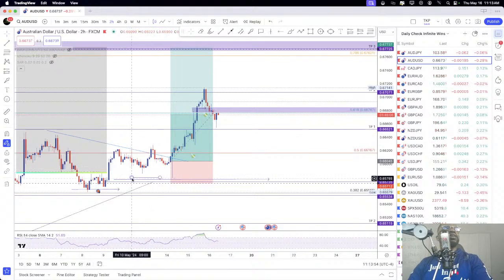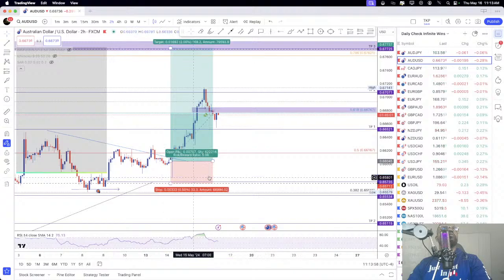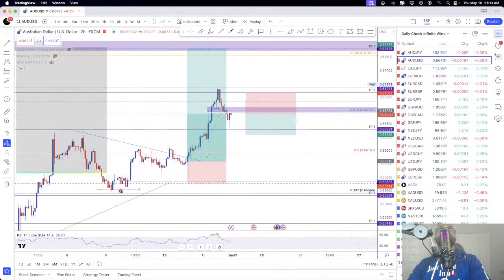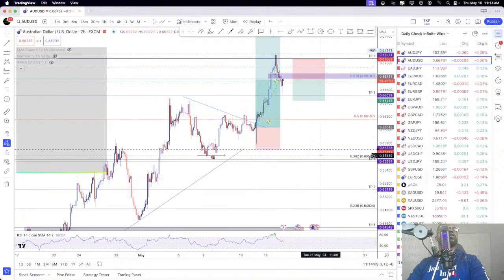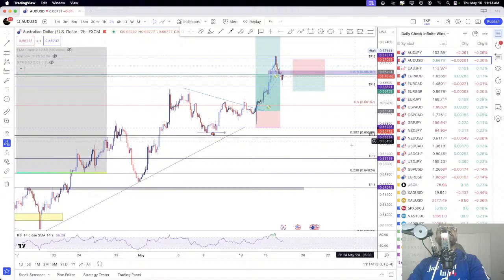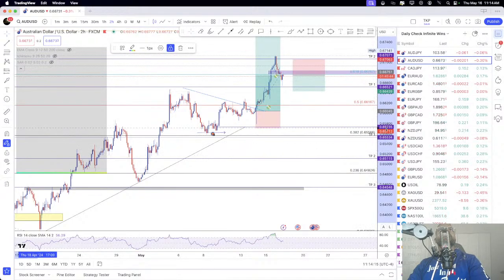So let's go ahead and see what's underneath these lows that price could be attracted to, and maybe look at closing our last position on AUD USD depending on how this candle closes. And we can figure out where to go from there.